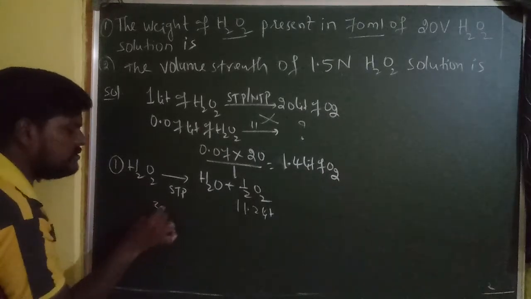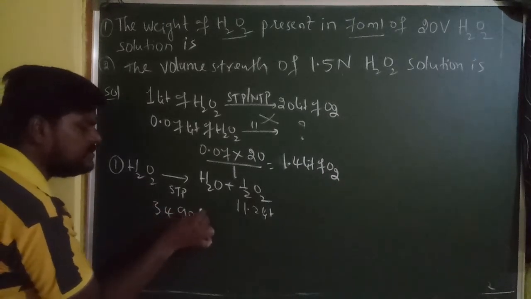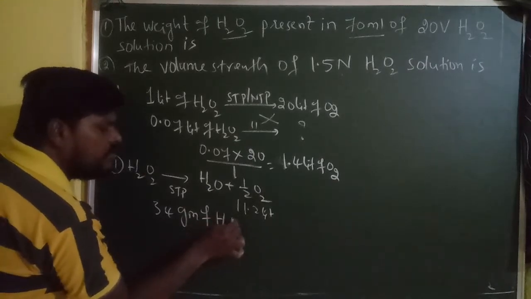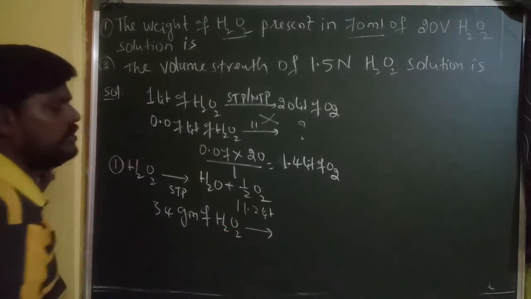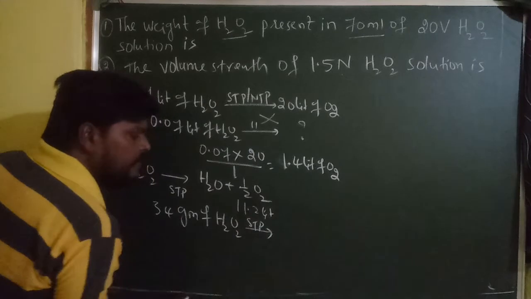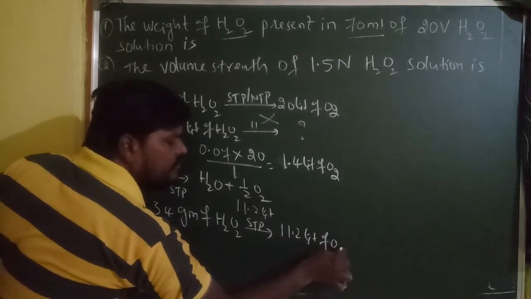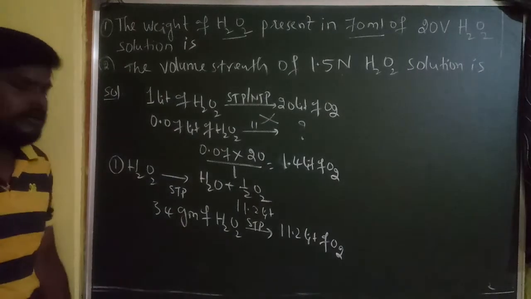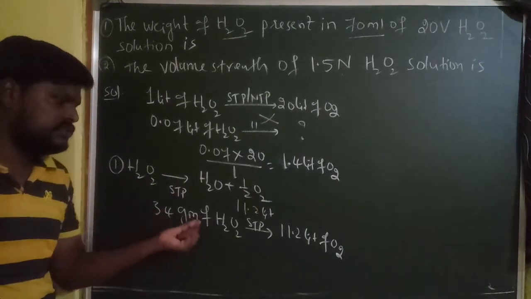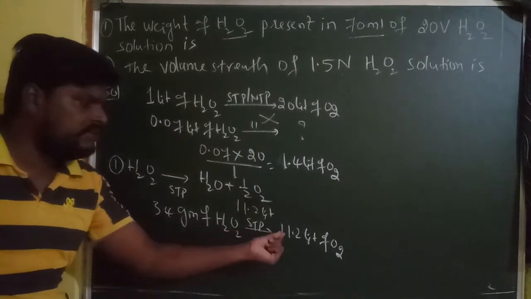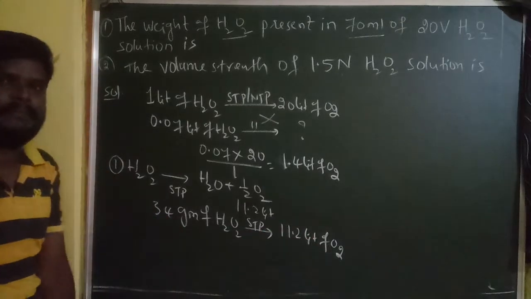So total 34 grams. 34 grams of H2O2 at STP should produce 11.2 liters of oxygen. Yes or no?